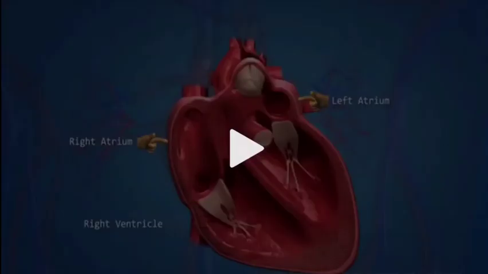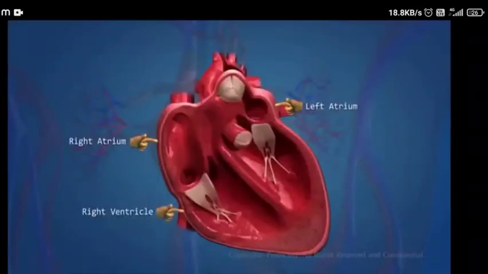Now next, you can see in the video, firstly we have left atrium and left ventricle on the left hand side. Upper one is known as left atrium and down it is known as left ventricle.